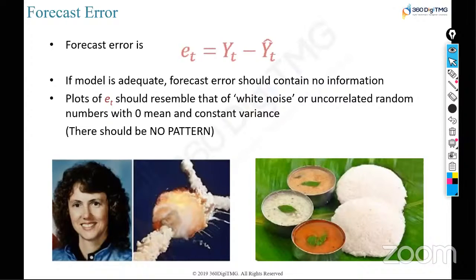Now on the right hand side, you have the very famous breakfast idli. There is a standard size for the idli. You're supposed to make it as per some size. Now if the size is off by a few millimeters, even 1 or 2 centimeters, will it cause a big problem?